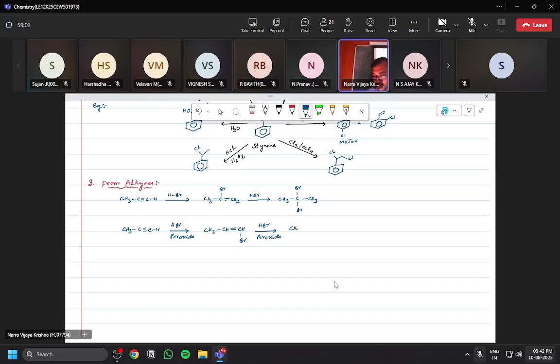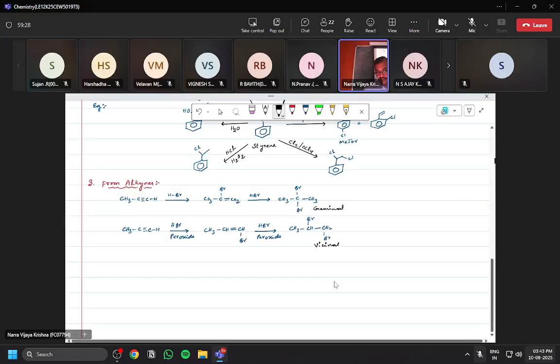So here we got geminal dihalides. Here we got vicinal dihalides in the case of peroxides, the Karash effect.